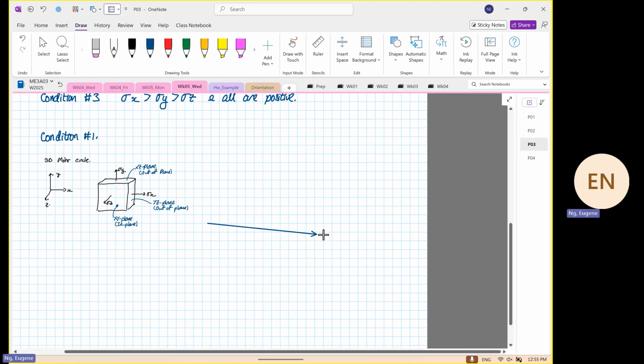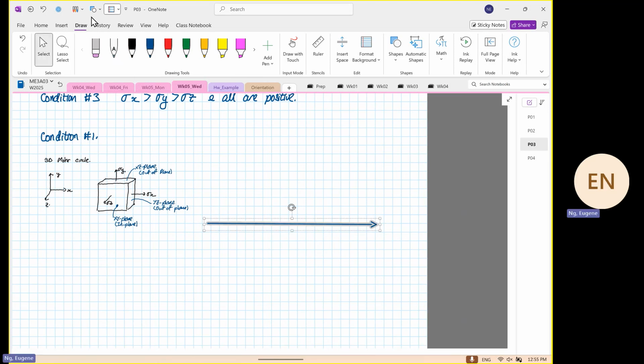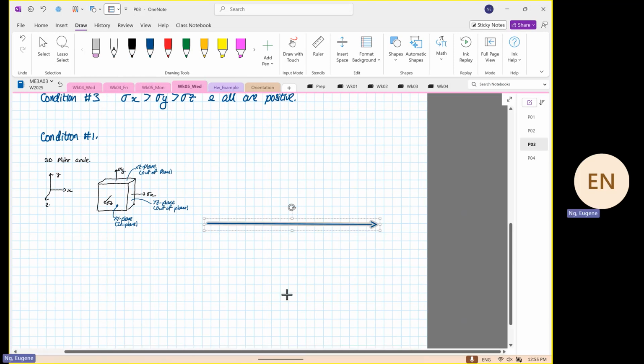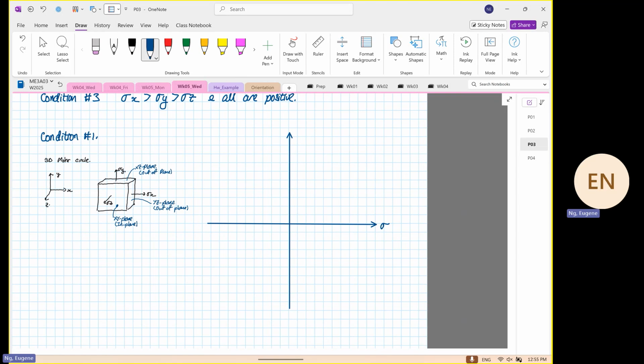You draw your normal stress axis, and then you draw your shear stress axis. Element, normal stress, shear stress, element rotate clockwise, element rotate anti-clockwise. So condition number 1 states that stress X is greater than stress Y and are positive. And also given stress Z is equal to 0.